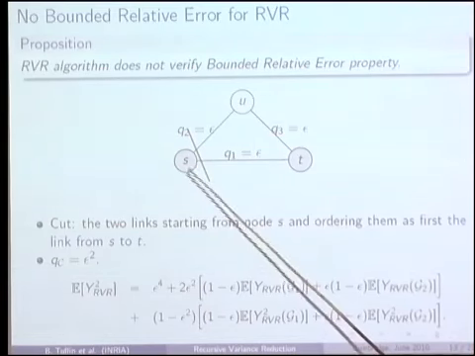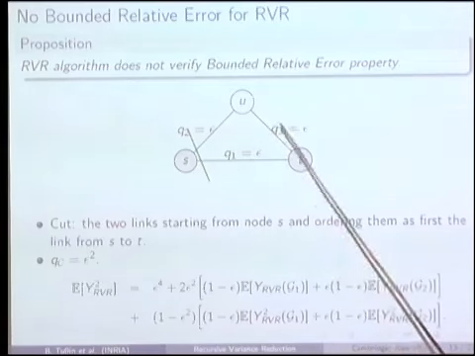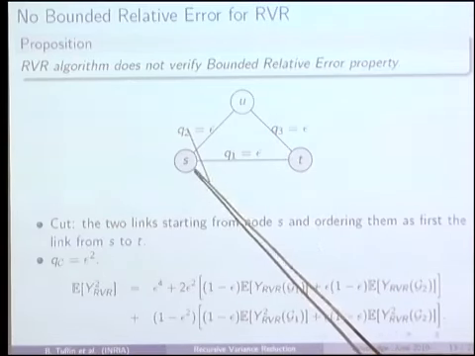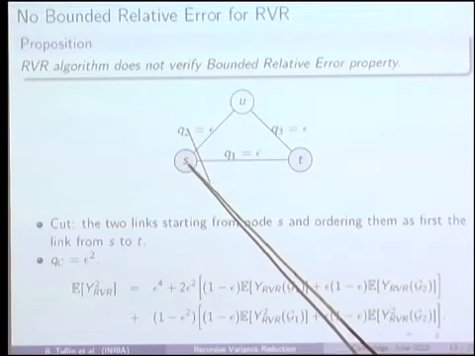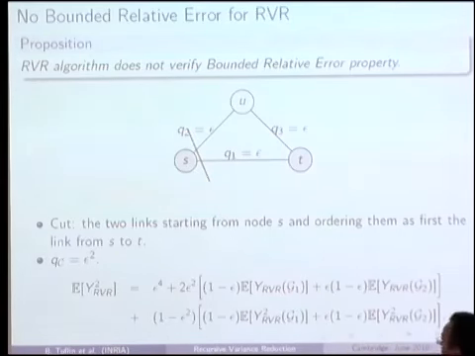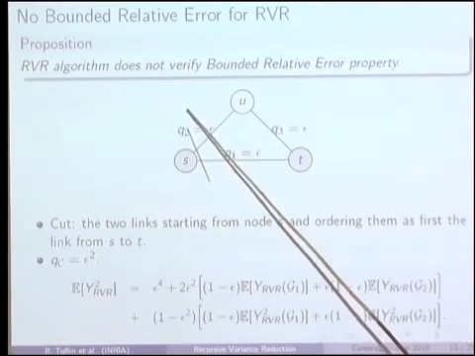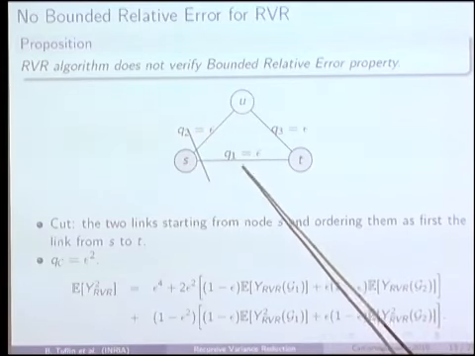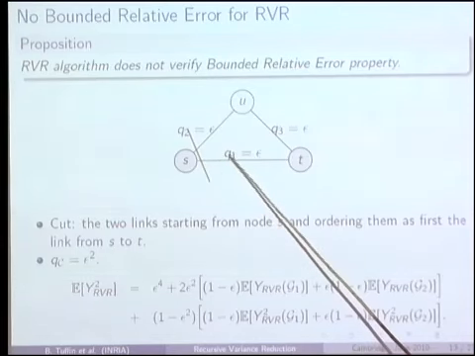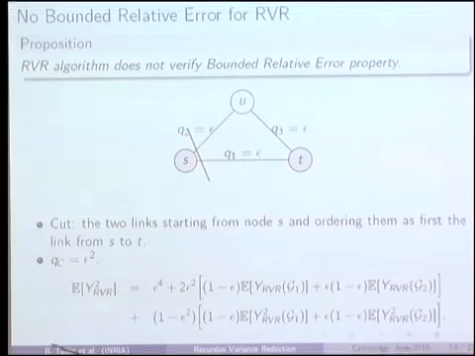So we just consider this small graph with 3 links, and we want to compute the probability that S and T are connected. So we use this cut set. We order the links, this one first, second, and the third.